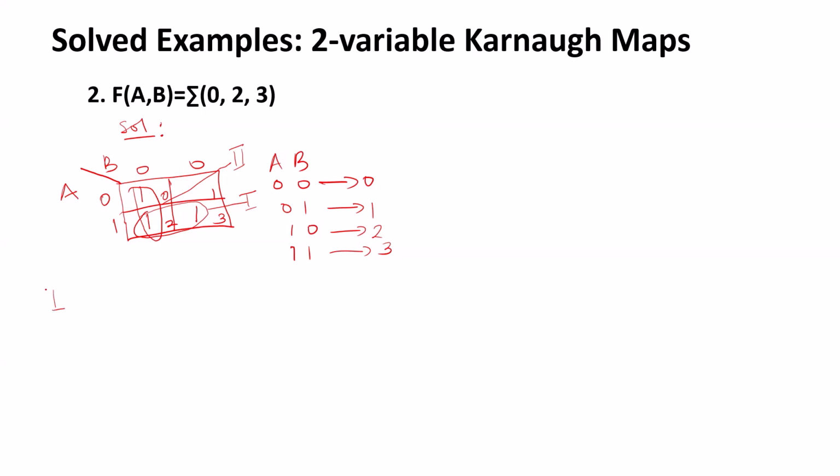So for 1, because we have 2 cells, we have AB bar plus AB. So for the first one, A is 1 and B is 0. So B is 0, that means we have B bar.